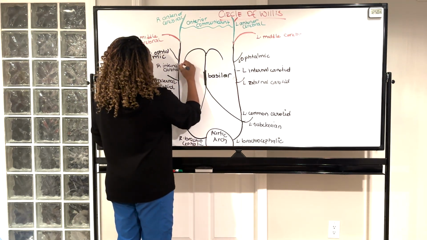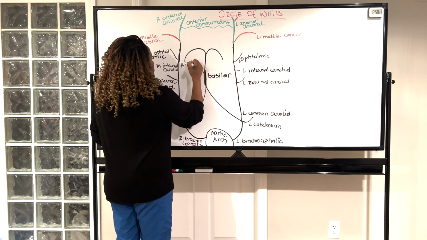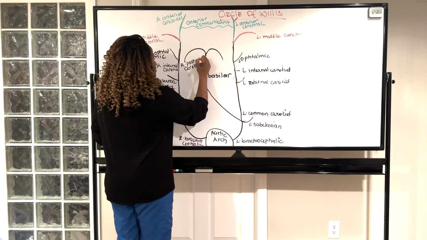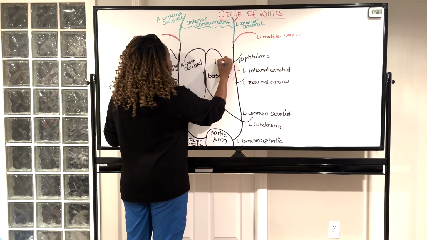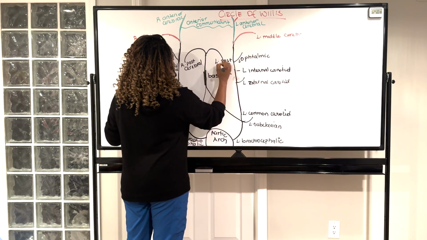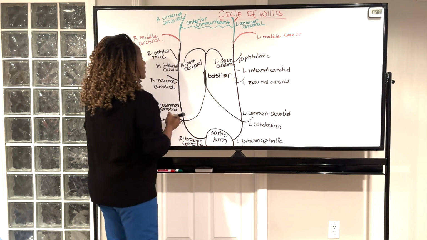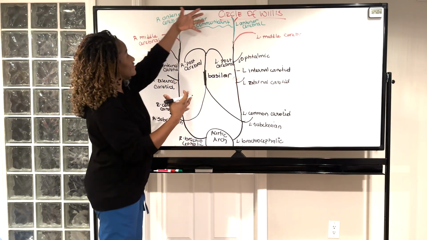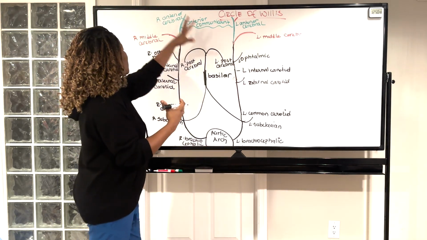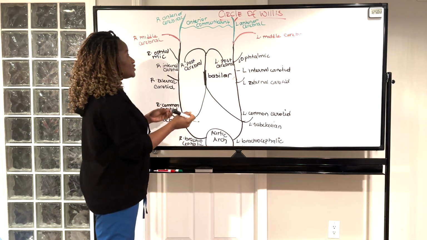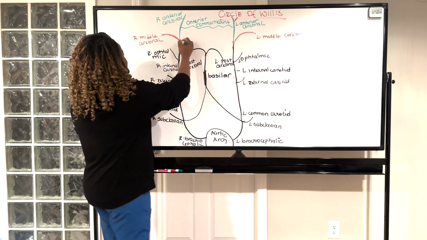So this is going to be the right posterior cerebral, and here we have the left posterior cerebral. Now these posterior cerebrals are going to join all these anterior, middle, and internal arteries with the branches of their communicating.